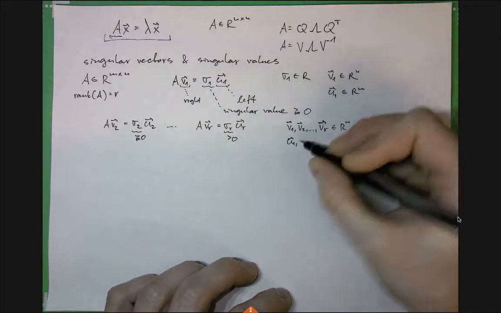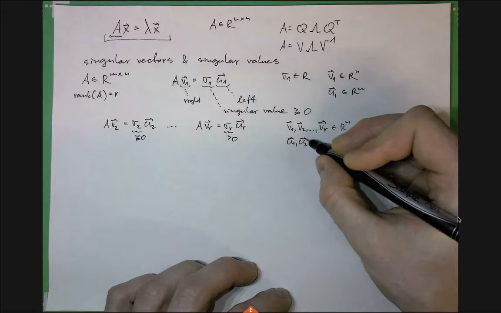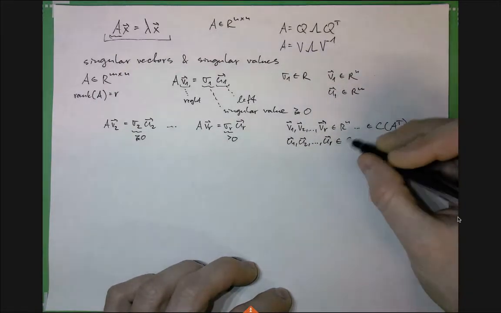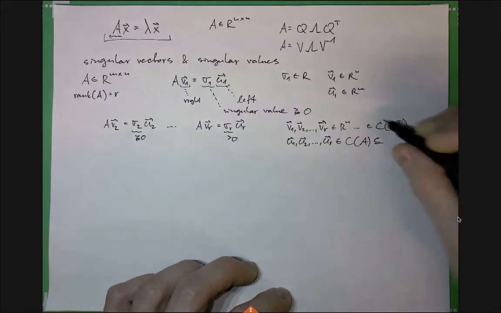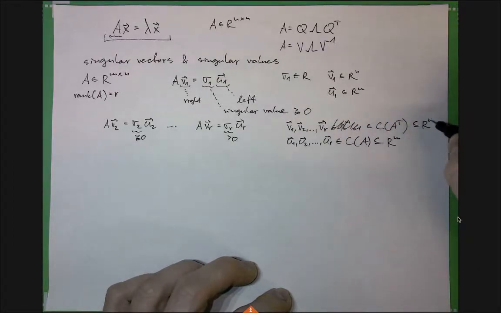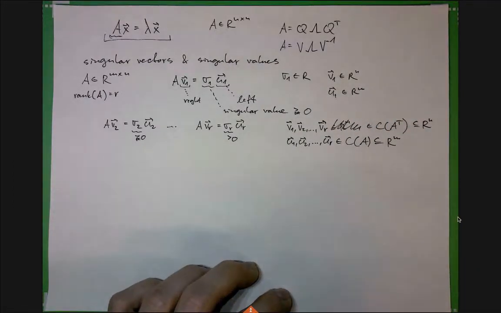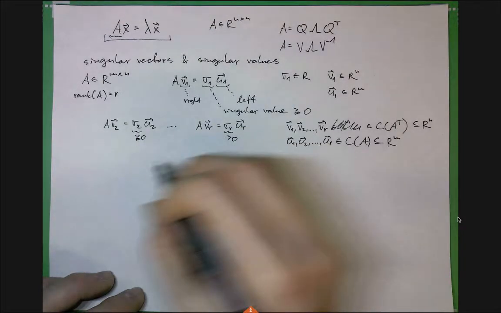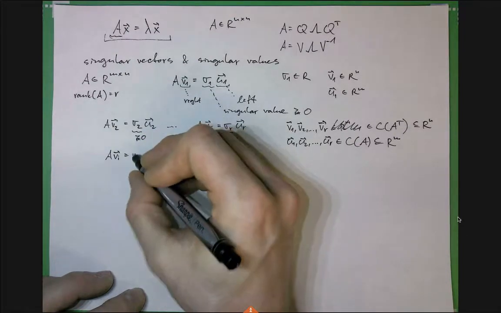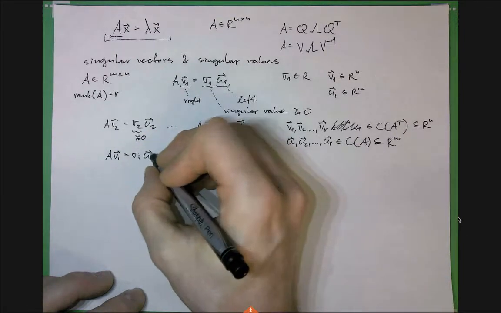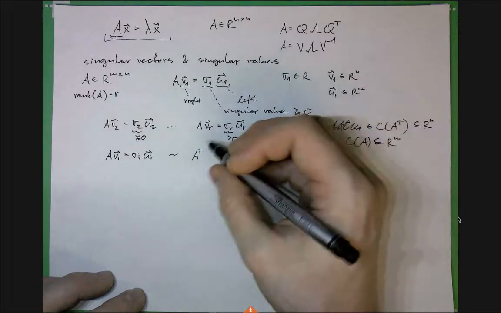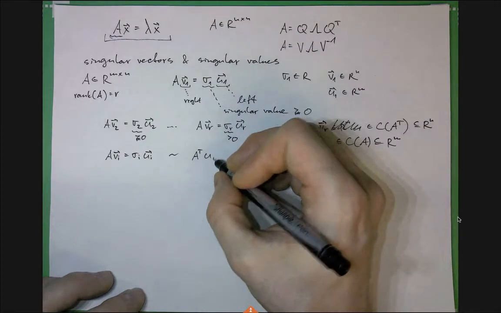Similarly, the left singular vectors are actually from, guess what, the column space of A, right? Which is a subspace of R^m. I guess it would have been nice if I wrote it like this. The right ones are a subspace of R^n. And there is a symmetric relationship. So if I wrote this in general as A v_i equals sigma_i u_i, then there is a symmetric relationship which tells me for A transpose that it maps the vectors the other way around.